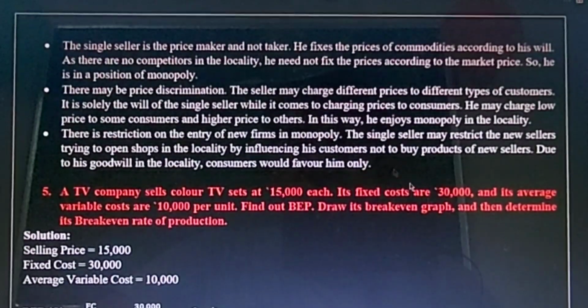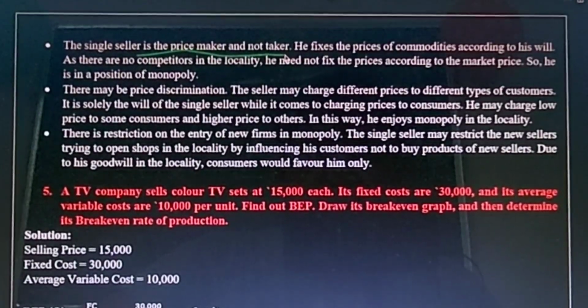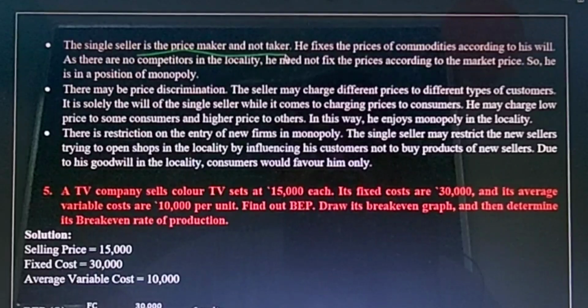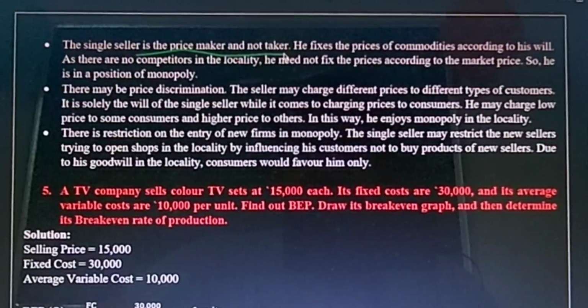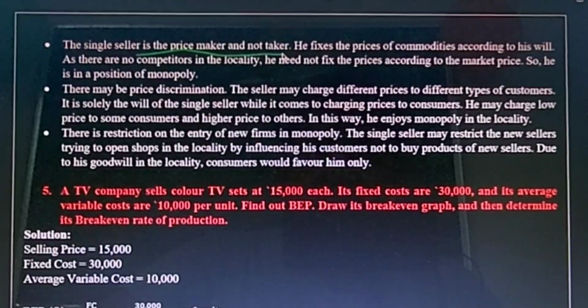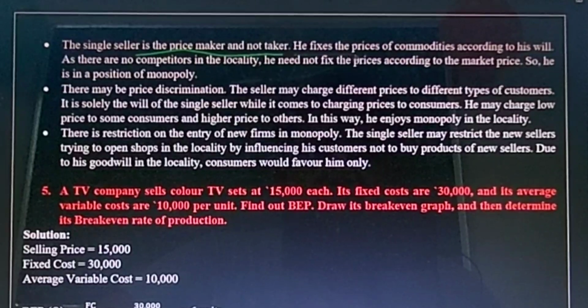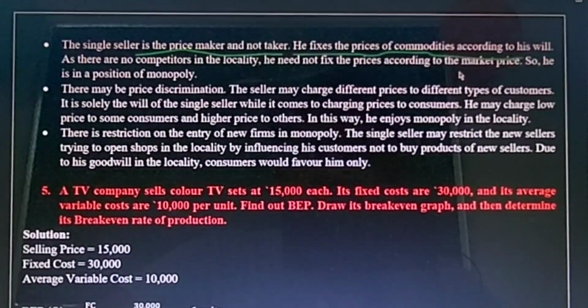Like that, a single seller is the price maker and not taker. He makes the price, he fixes the price in monopoly. So here also this single seller fixes his own price, so he doesn't have to take the price from the market, from the demand and supply forces. Rather he fixes his own price of the commodity according to his will.